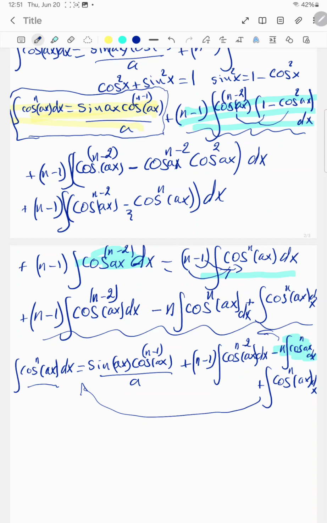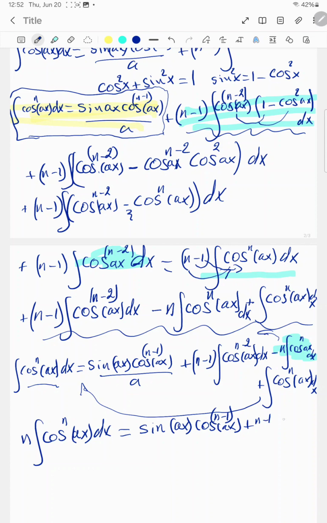So the minus becomes plus, so n integral of cosine to the power of n ax dx is equal to sine ax cosine n minus 1 of ax plus n minus 1 integral of cosine n minus 2 ax dx.